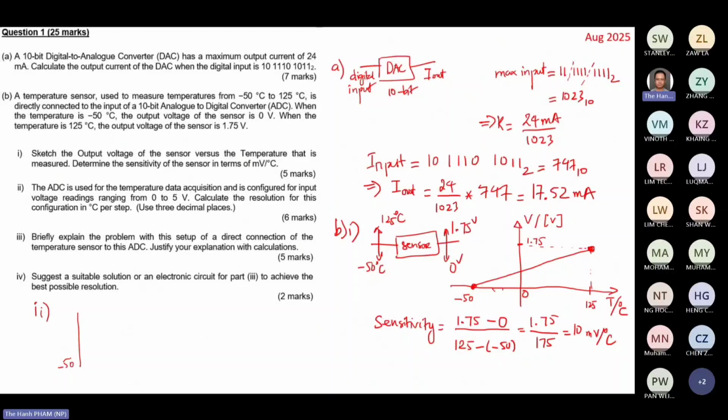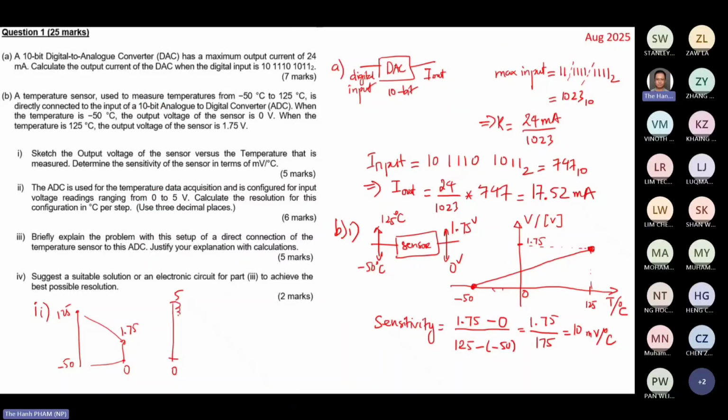So you can think of minus 50 degrees Celsius to 125, and this one now is mapped to 0 to 1.75, right? And now the ADC input is 0 to 5, right? And because this one is 10 bit, right?